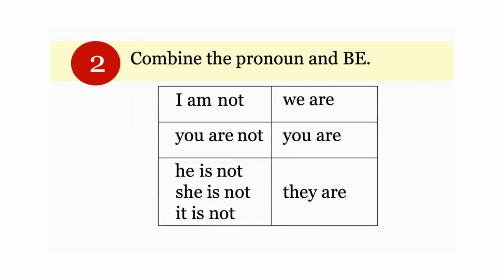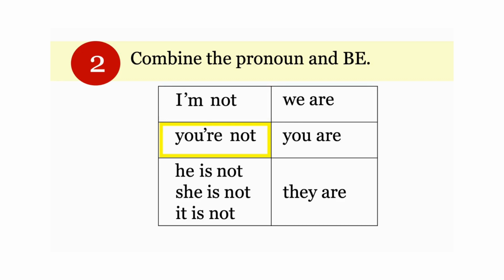The second way is to combine the pronoun and be. You already saw this with the be verb chart. Look at I am not. Remember, drop the A, push it together. Don't forget the apostrophe. I'm not. You are not. Same thing, drop the A, make one word.